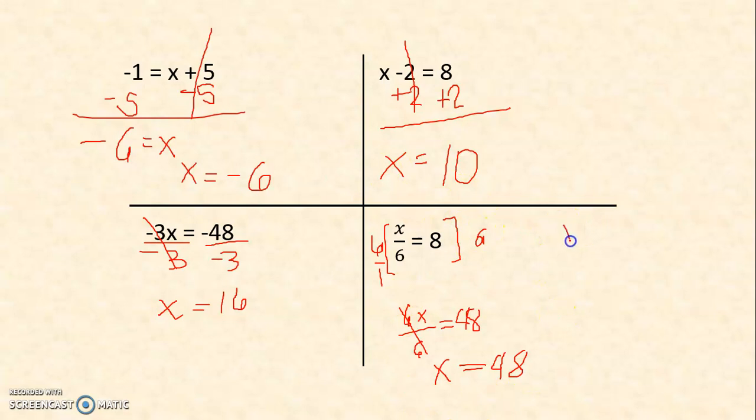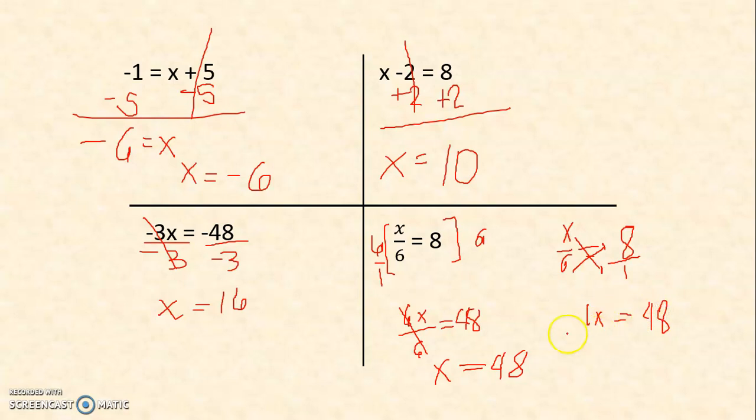Let us concentrate on the last example. And actually, you still have another way to solve this one, and that is through what we call cross multiplication. Cross multiply. What is the denominator of 8? That is 1. So just cross multiply it. X times 1, that is 1x, is equal to 6 times 8, and that is 48.